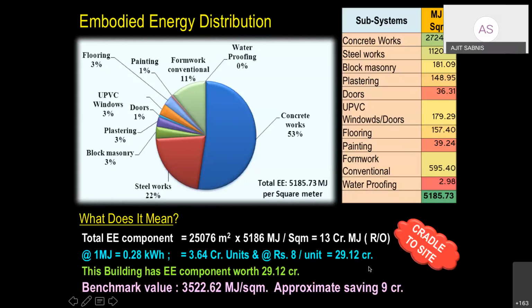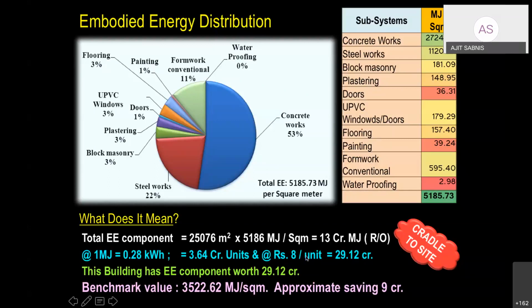So this particular building has a component worth about 29 crores as embodied energy, as compared to a benchmark value of about 3,522. See, here we have 5186 as the embodied energy value, and as a benchmark value we have 3,522, and when we economically analyze it, the approximate saving will be about 9 crores.